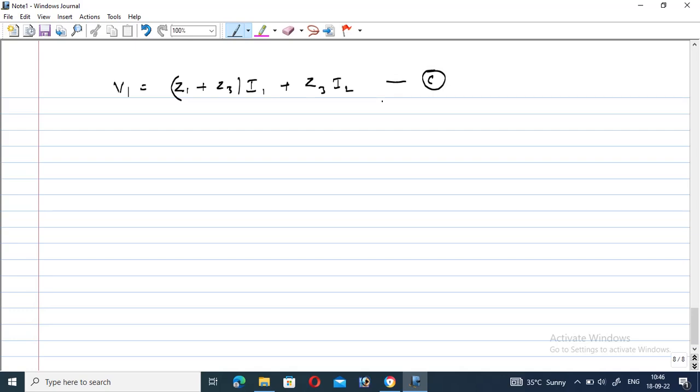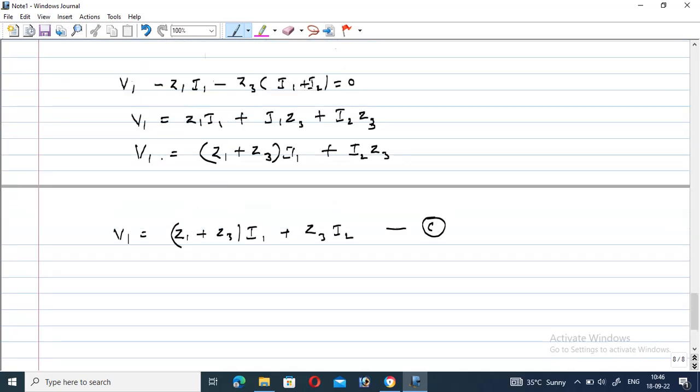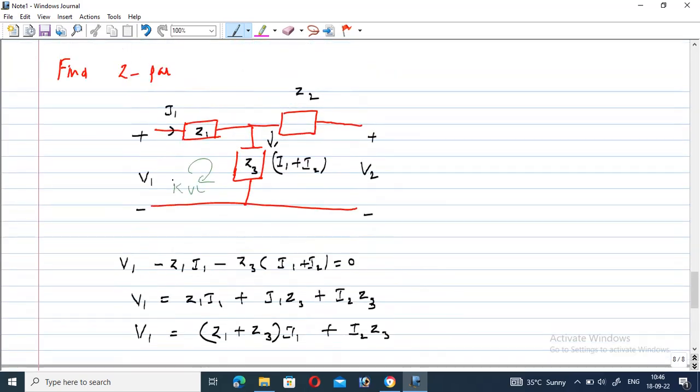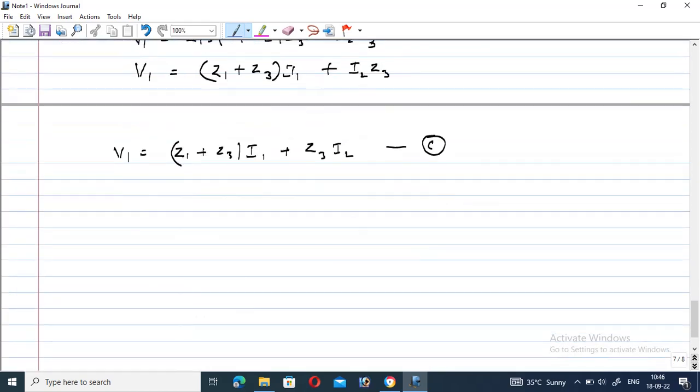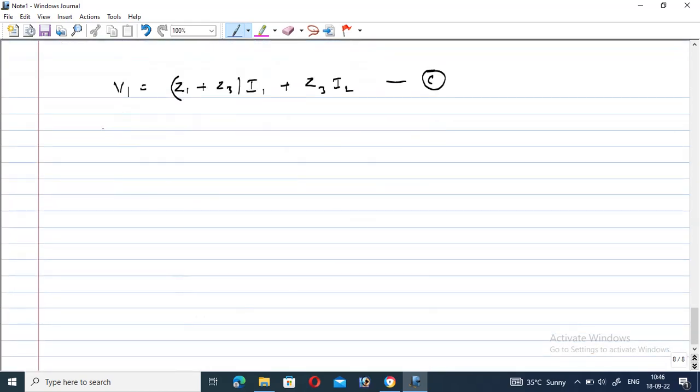Then, if you are applying KVL in loop 2, in this direction, then what is the equation, how are we going to represent it?